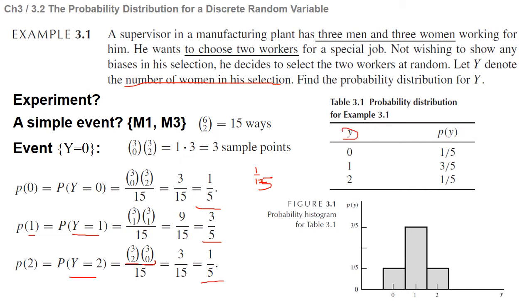Here's our random variable Y, the number of women in his selection, and it's a discrete variable. The possible values of Y are 0, 1, and 2, and the related probabilities are 1 over 5, 3 over 5, 1 over 5, and we can also make a probability histogram for table 3.1.